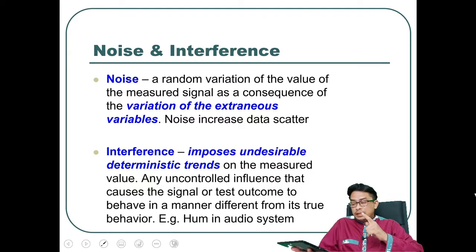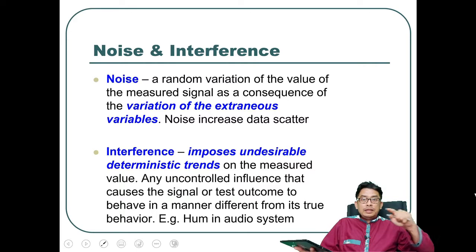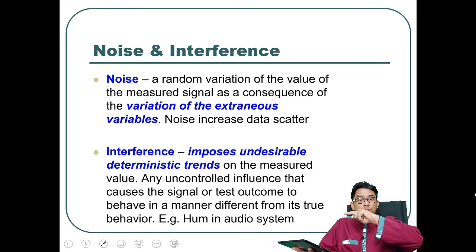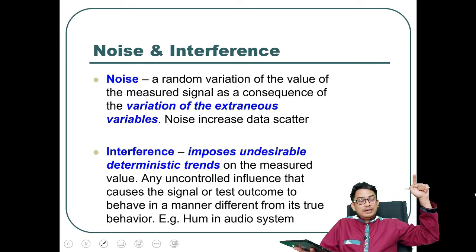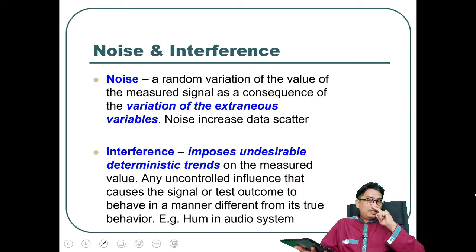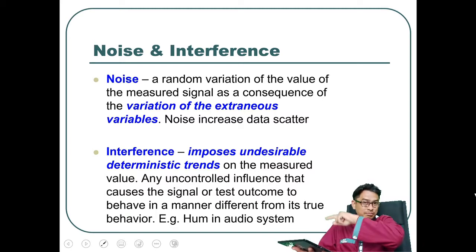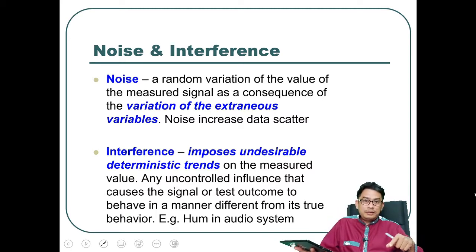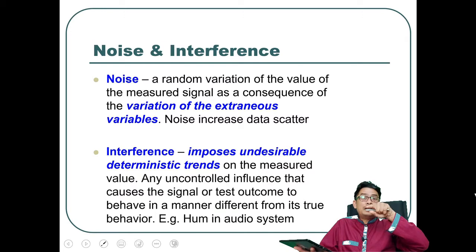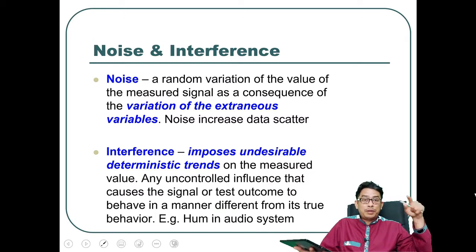The most important thing is that it imposes undesirable deterministic trends on the measured value. Suppose the measured value goes in a straight line; it will go up linearly because of the existence of interference. Some extraneous signal interferes with the measured signal and creates trends that were unpredicted prior to the testing.